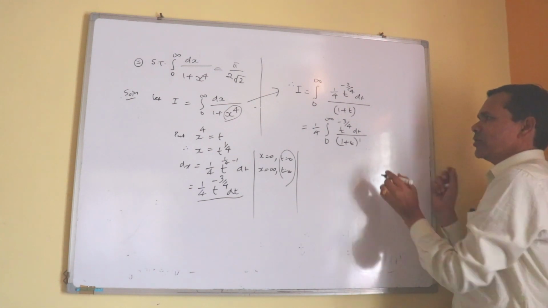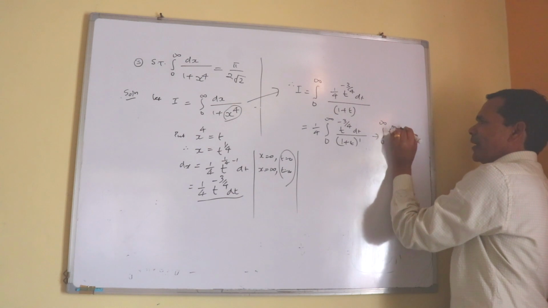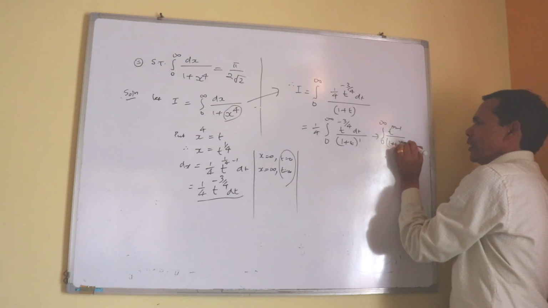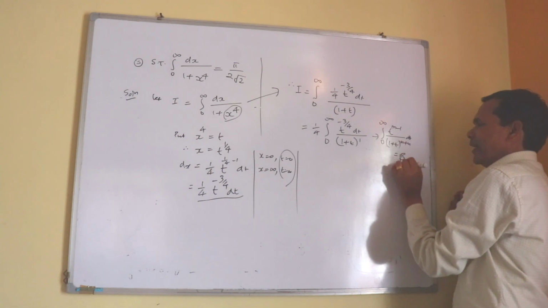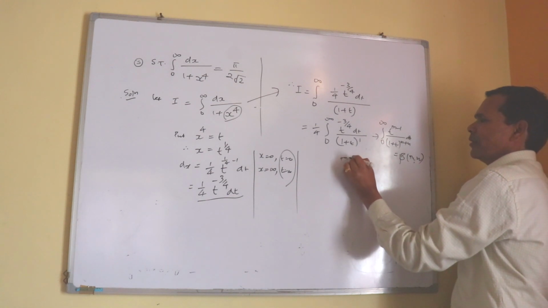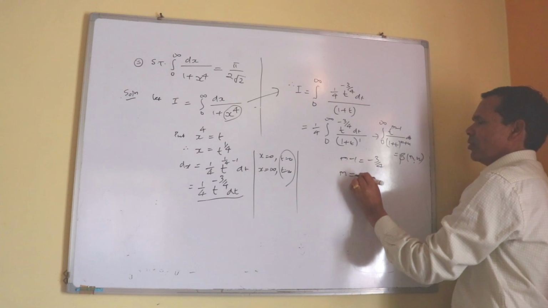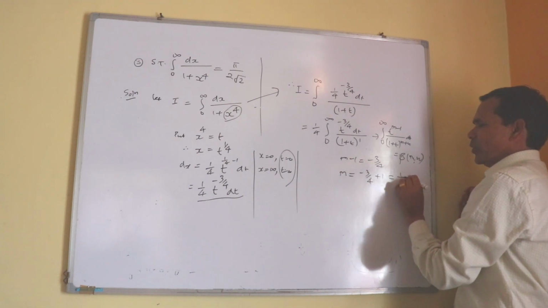So you can just reduce, see the form 0 to infinity t raised to m minus 1 divided by 1 plus t bracket raised to m plus n dt, this is equal to beta mn. So if you observe this, so m minus 1 is equal to minus 3 by 4, so m is equal to minus 3 by 4 plus 1, so naturally it is 1 by 4.